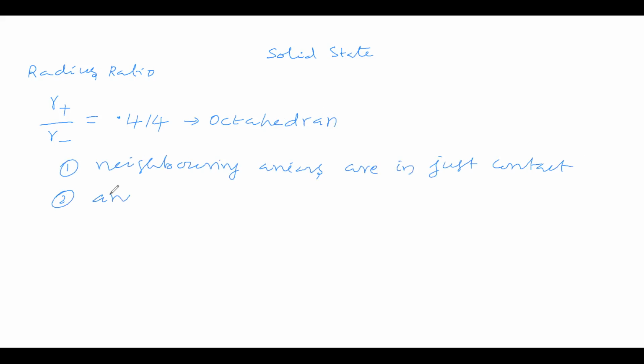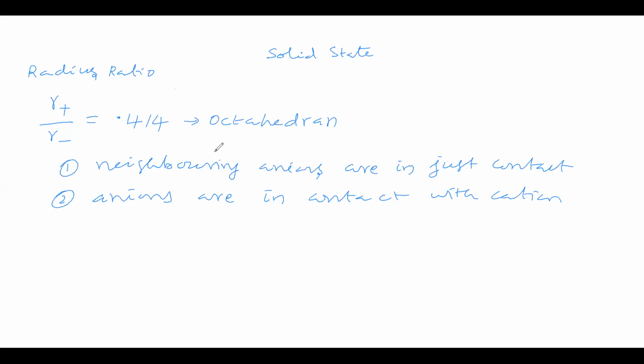Then anions are in contact with the cation. So for octahedron, what is the condition we took? Neighboring anions are just in contact. Next point, we said anions are in contact with the cation. That we said for octahedron.